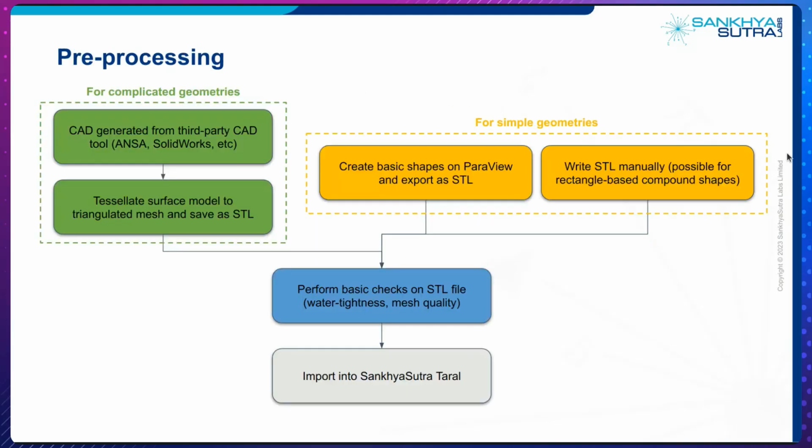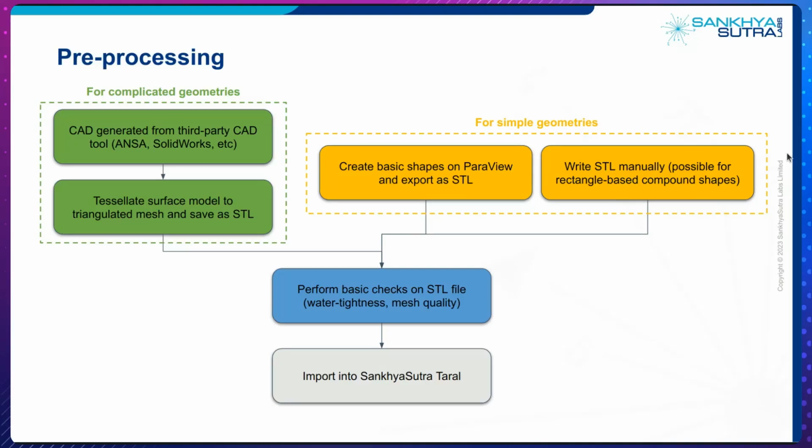So in terms of pre-processing, what we expect is that the geometry that you input into the solver is written in the STL file format. The STL file format is short for stereolithography, and in this format, your geometry is represented in the form of a surface mesh that is composed of triangular elements.